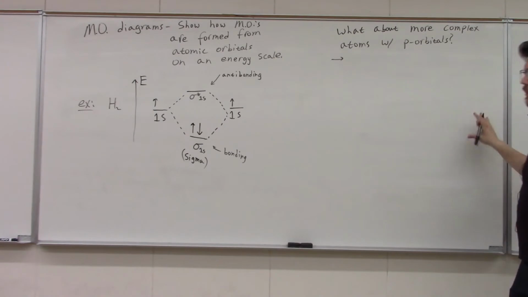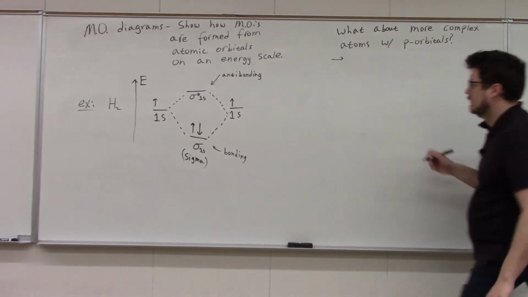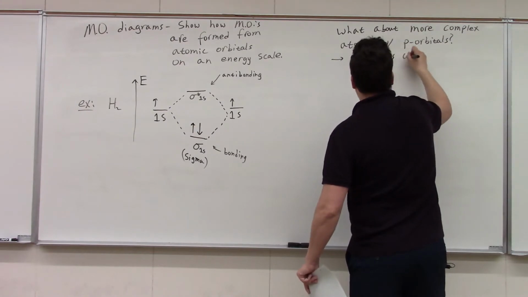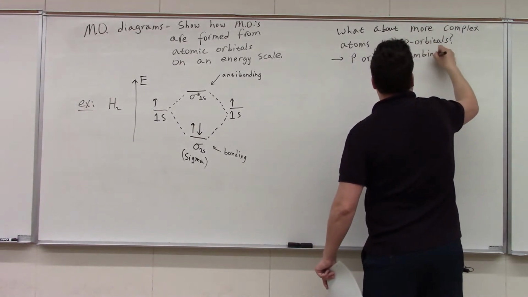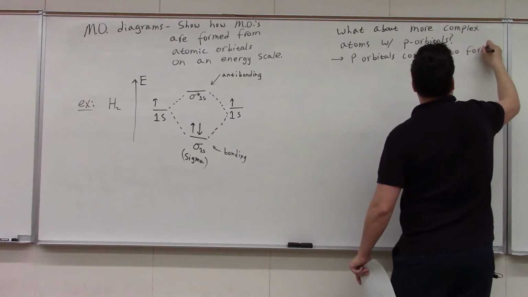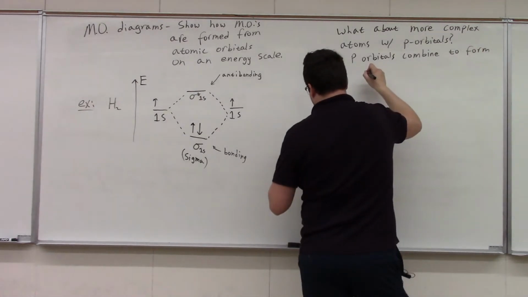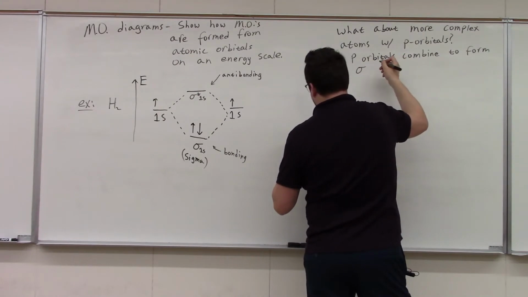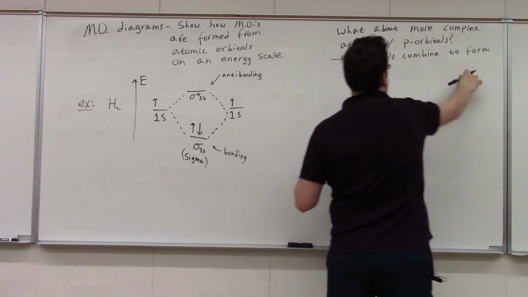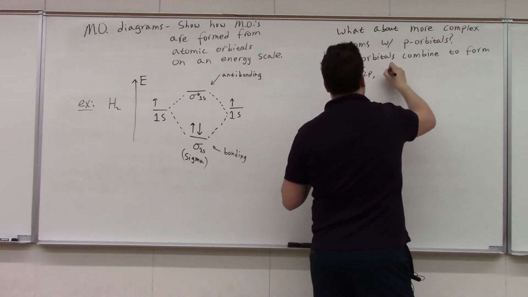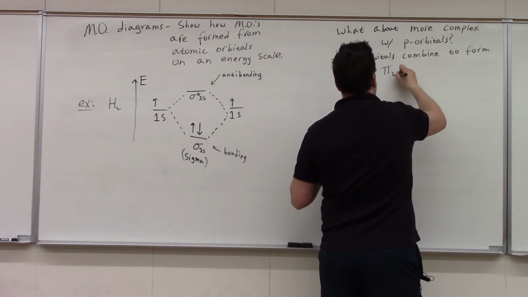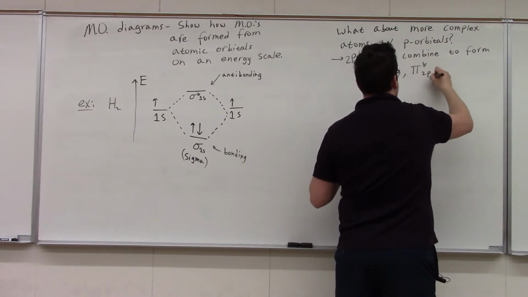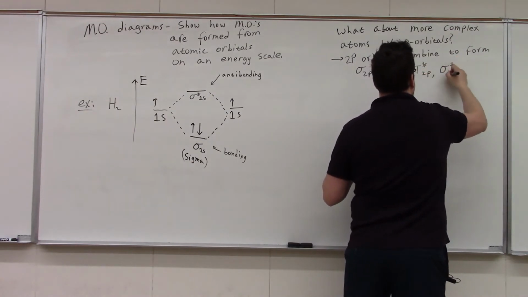If both of our sides have p orbitals associated with them, our 2p orbitals are going to combine to form sigma 2p, pi 2p, pi star 2p, and sigma star 2p.